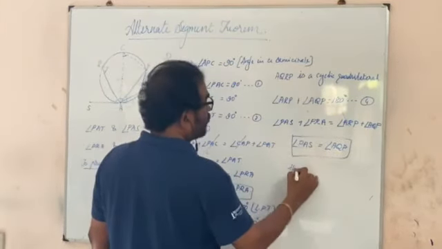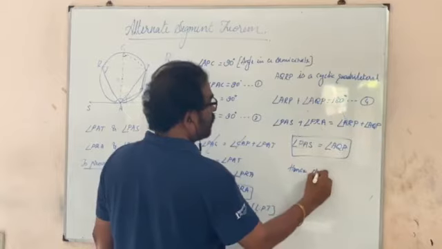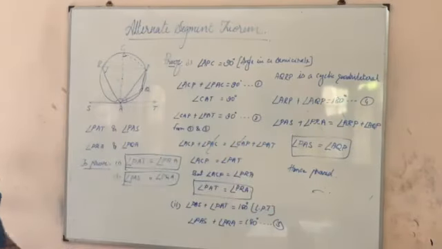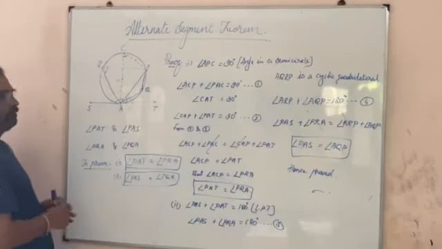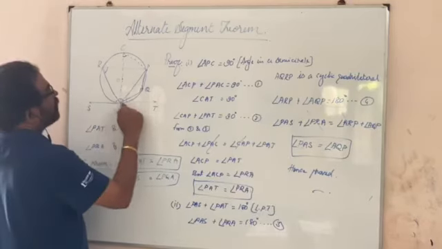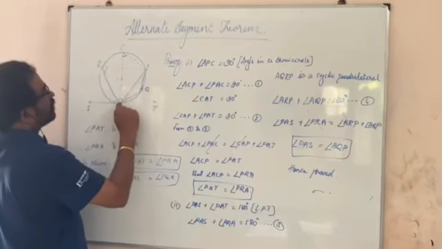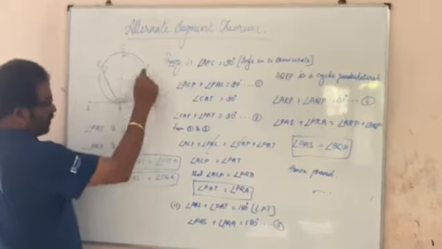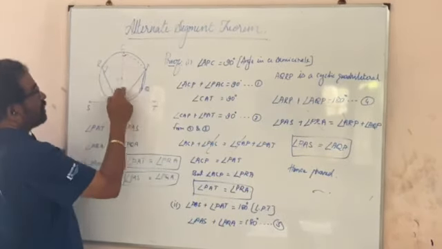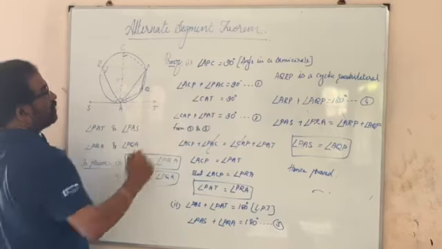So this completes the proof. Now remember some important facts here. Angle in a semicircle is a right angle, that is APC is a right angle, and so the sum of the other two angles is 90.